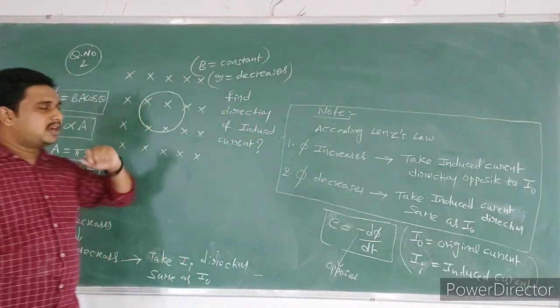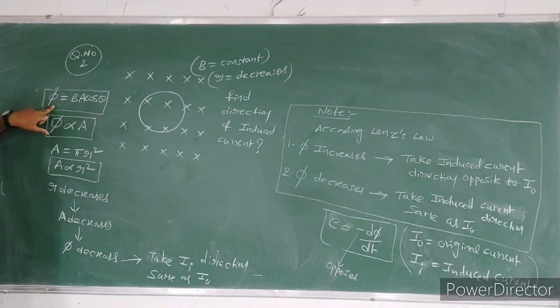Observe carefully. What is the formula of magnetic flux? The formula of magnetic flux is BA cos theta. B means magnetic field, A means area, and theta is the angle between B and A. Here B constant, theta constant. What is variable? Area changes.